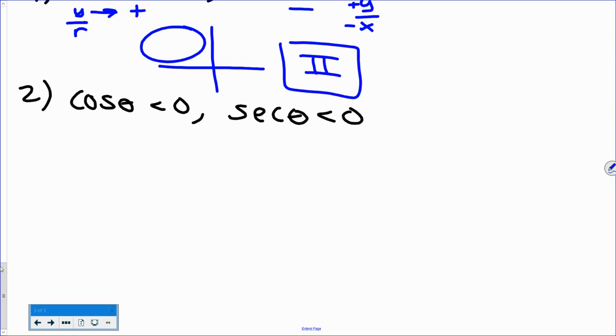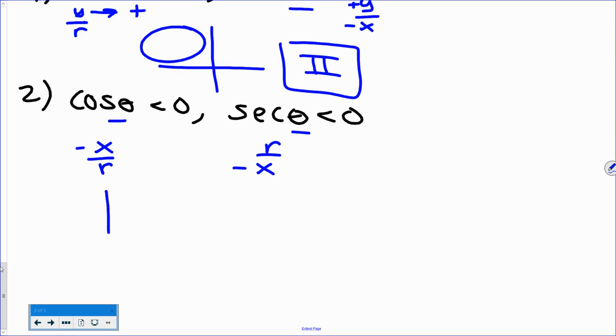So I'm thinking about cosine's ratio. This would be negative, and that would be negative since they're both less than 0. Cosine's ratio is x over r. Secant would be r over x. All right, r is always positive. That's the only one that's a distance. So that means my x value must be negative.